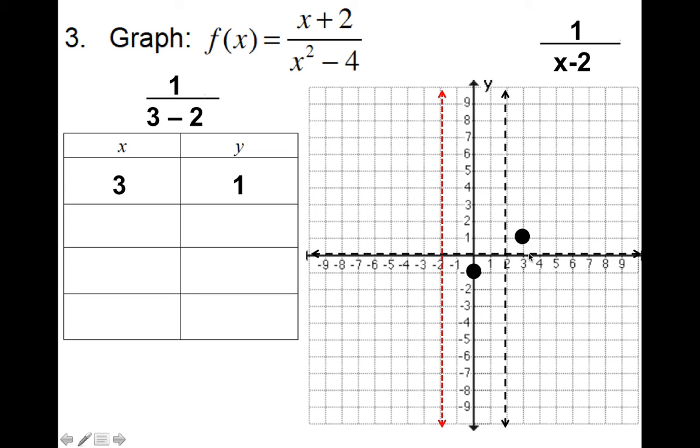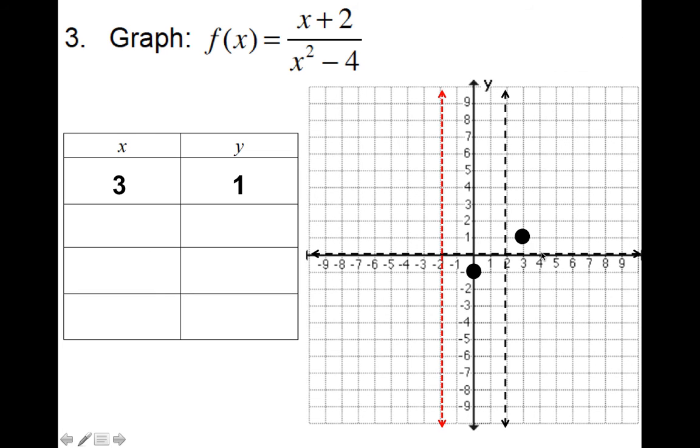Now I can see that it's going to curve through here and go through that point, and it's going to curve through here going through this point. However, we have a reminder here that where the graph crosses this line, it will create an open circle. That, remember, is our hole in the graph.